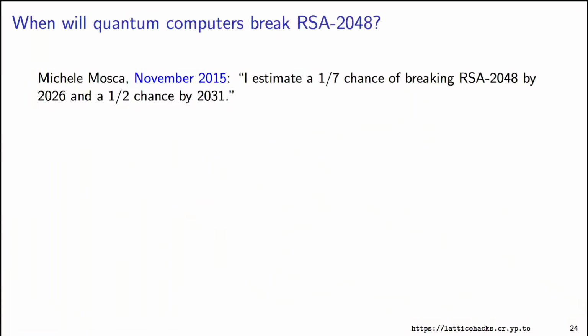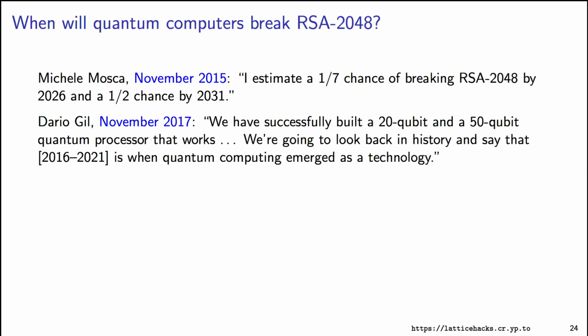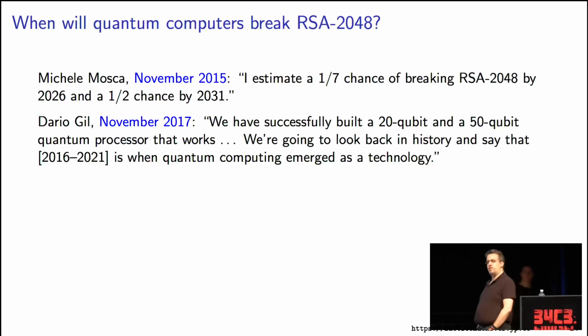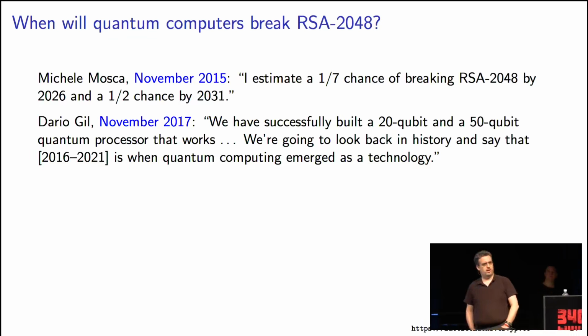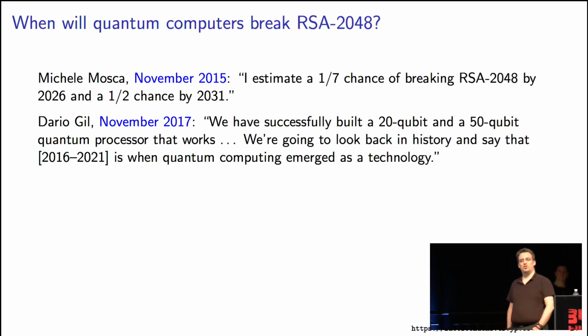There are some predictions. For instance, back in 2015, when we gave the PQC hacks talk, Mike Mosca, the deputy director of the Institute for Quantum Computing at the University of Waterloo, said there was a half chance of factoring RSA 2048 by 2031. And then just this year, Dario Gil, a vice president at IBM and the head of IBM Q. Now, with a name like Q, thinking about the James Bond films, this must be something cool, and it is.